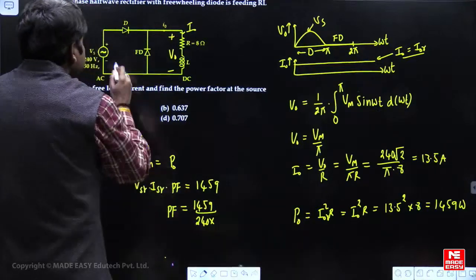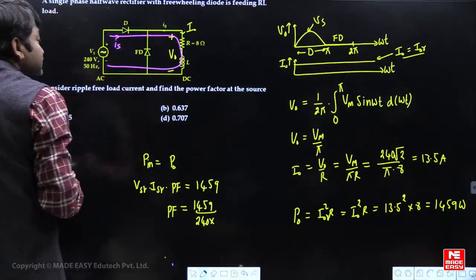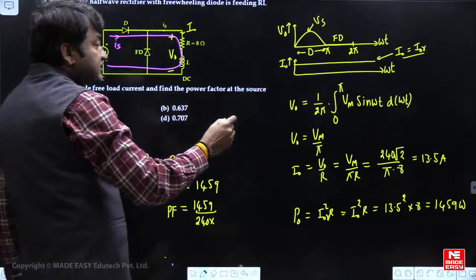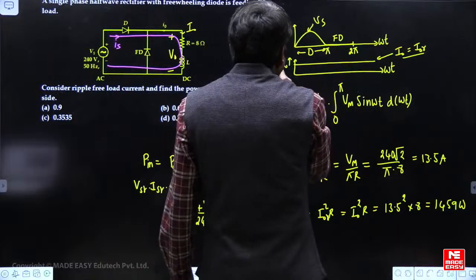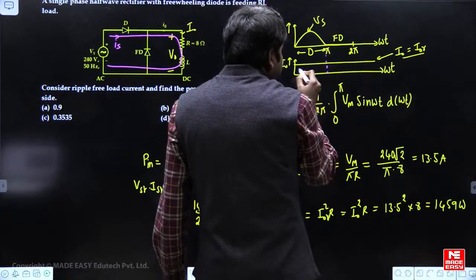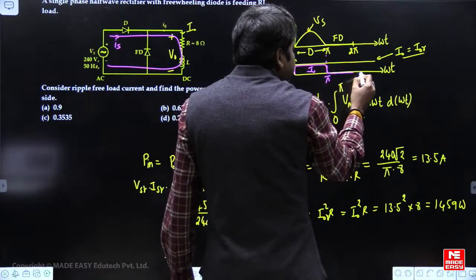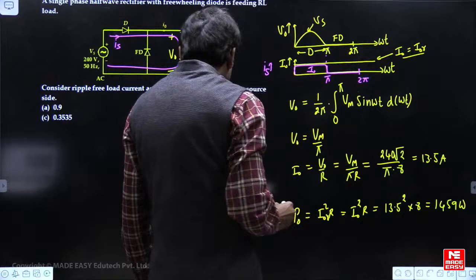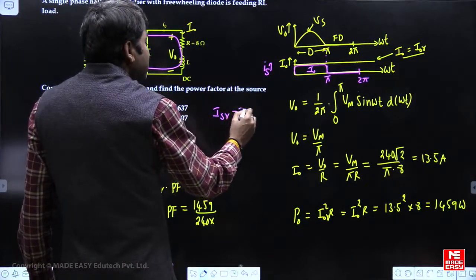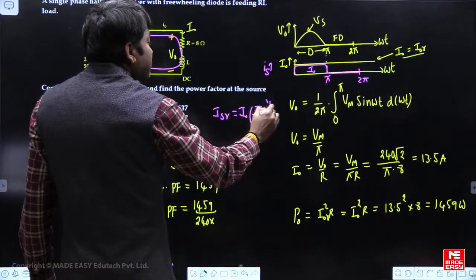This is the supply current, right? The supply current is carrying the constant current for pi radians. Let me draw the supply current waveform. You will get the supply current up to pi radians. After that it is 0 amperes. So supply RMS current is I naught times pi out of 2 pi, whole power 1 by 2.